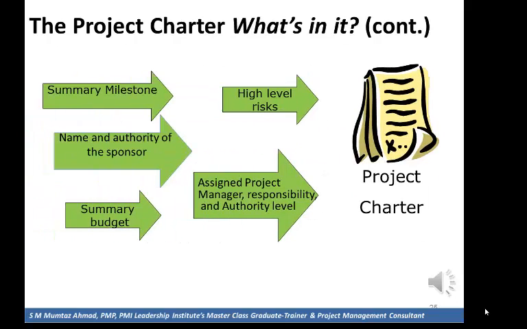Other topics may be summary milestone, high-level risks, name and authority of the sponsor, summary budget, assigned project manager, his responsibility and the level of his authority.